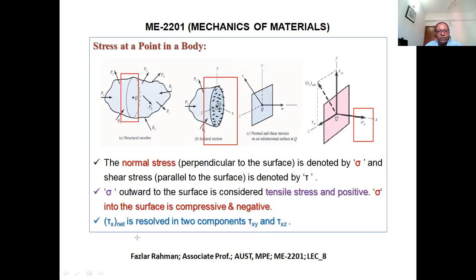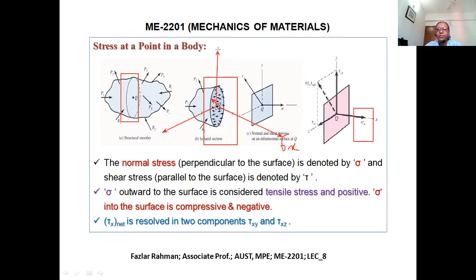So there will be one stress working directly along the x-axis, and that will be sigma x. And there will be one shear stress working along this direction.